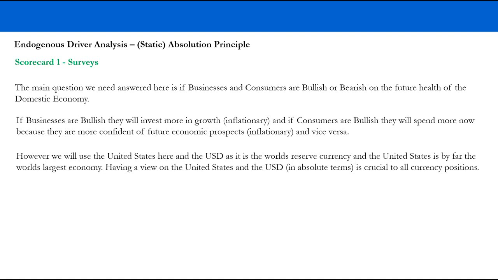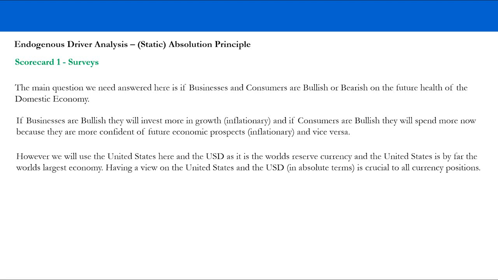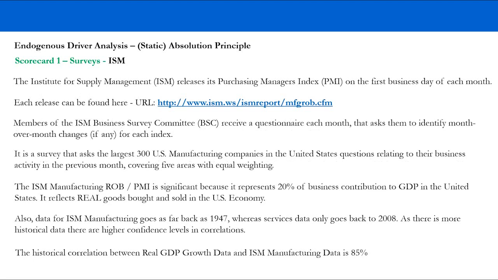And the best way to do that is to show you with the United States, because it's the world's largest economy, it's the world's reserve currency with the US dollar, and the data is freely available. What that does for you is provide you with a template, which then allows you to apply the endogenous analysis as part of the systematic process to all other countries in the world. Okay, so let's start with the United States and start looking at surveys.